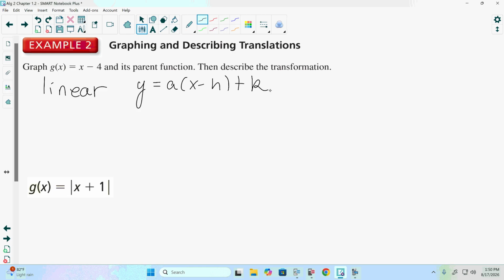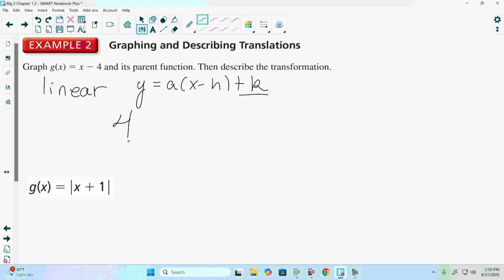Do we have a value or a number in place of k? And that number is 4. Now, it's not just 4, it is negative 4, yes? And again, we're describing the transformation. We're trying to say from the parent, how did it move? How did we move to get from y equals x to y equals x minus 4?